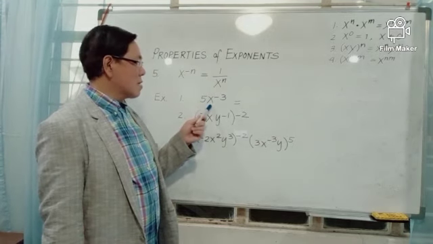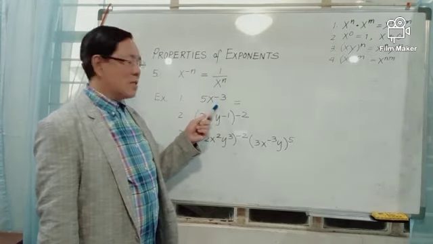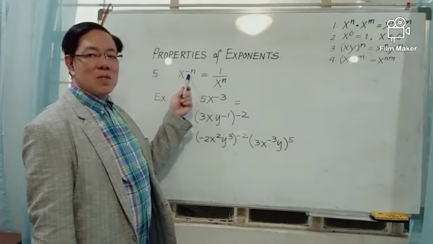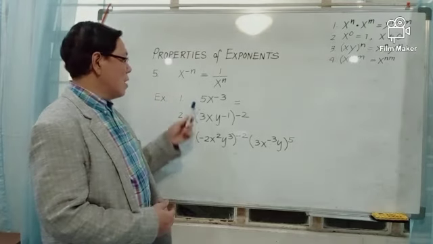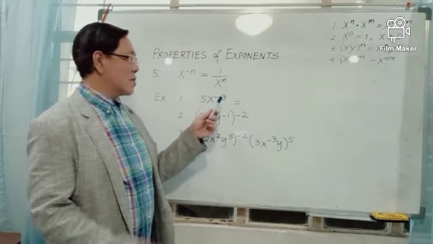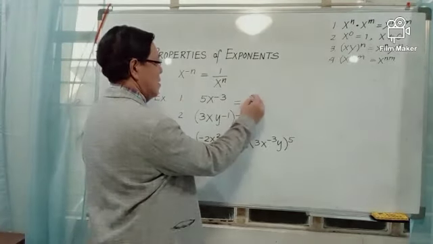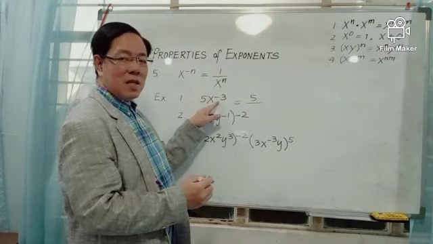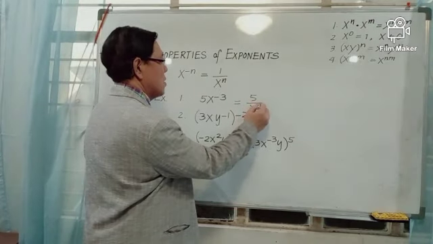We write x to the power 3 as denominator of 5. When you bring x to the negative 3 to the denominator, you take its opposite sign by this property of exponent. Hence, 5 multiplied by x to the negative 3 equals 5 over x to the power 3, taking the opposite sign of negative 3.